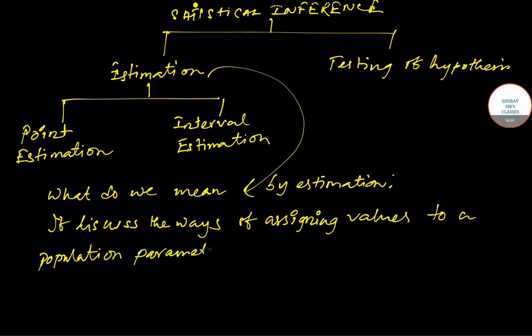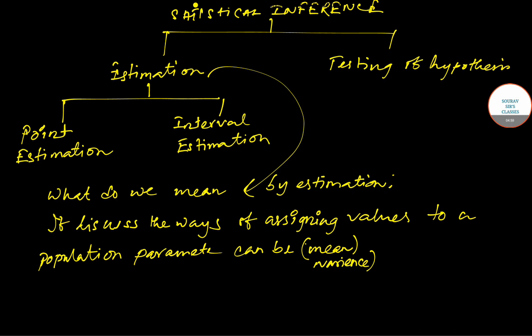So these population parameters can be mean or can be variance. So as we don't know the population entirely, so we know the sample, so we want to collect information about the sample and we are making inference about the population.